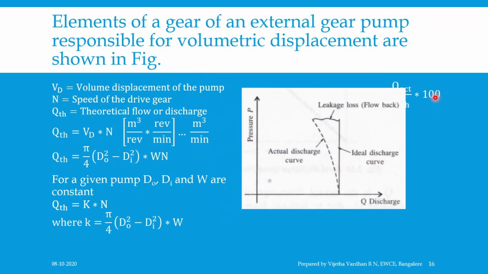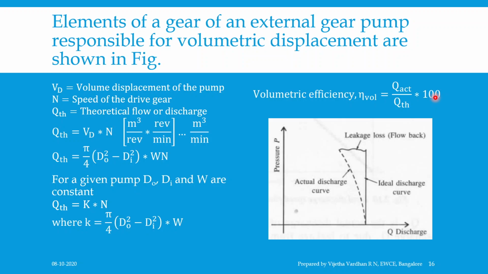The following figure shows the theoretical and actual discharge and pressure characteristics for a given pump. Now you can see this is the ideal discharge, which I can call QTH, and this is the actual discharge, because of the leakage or the flow back which happens in pumps in reality.